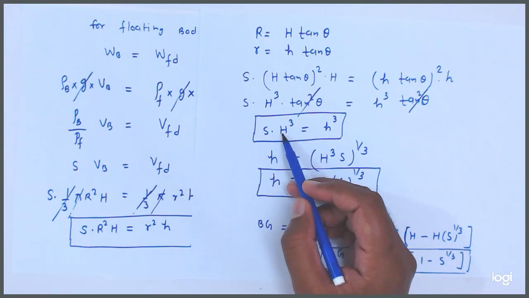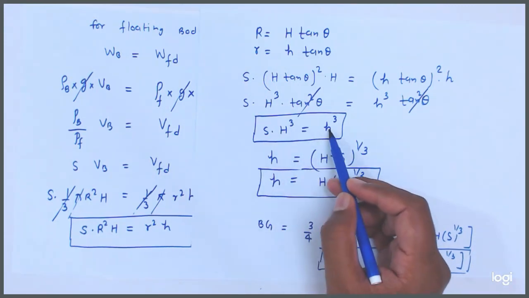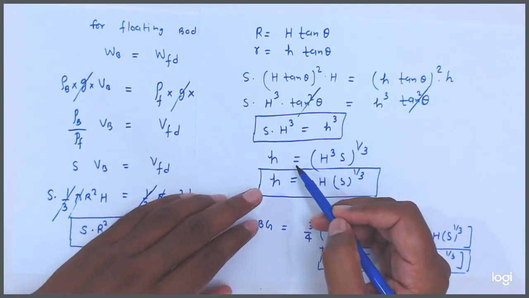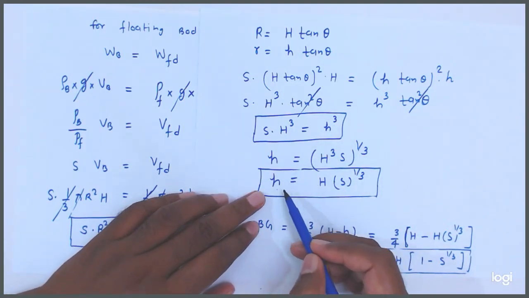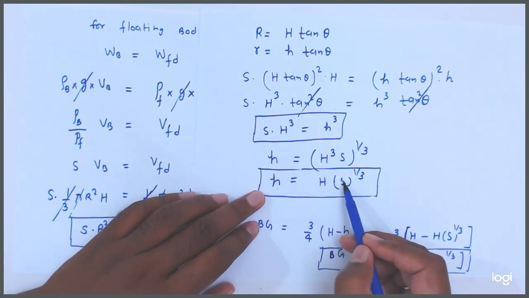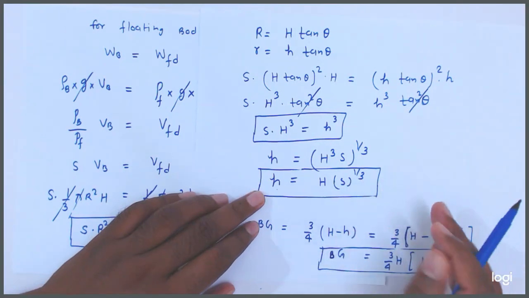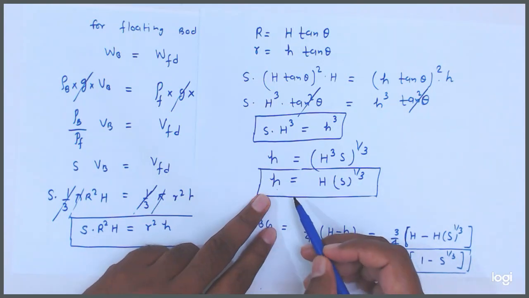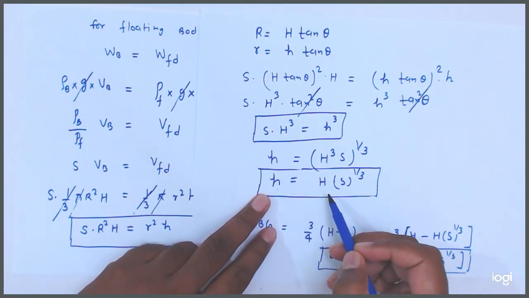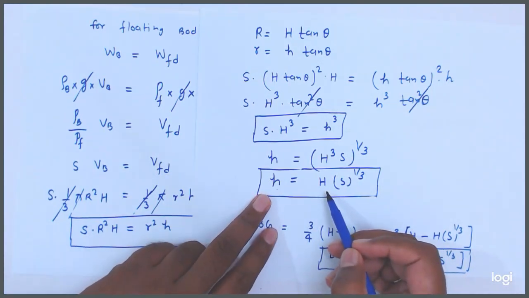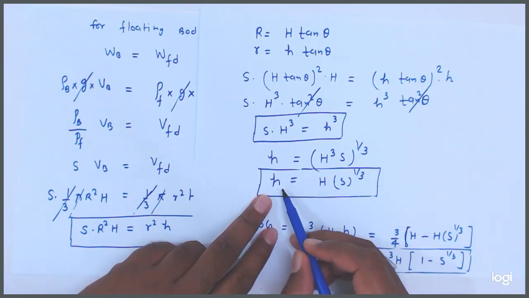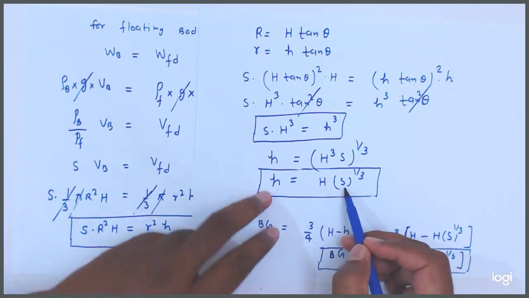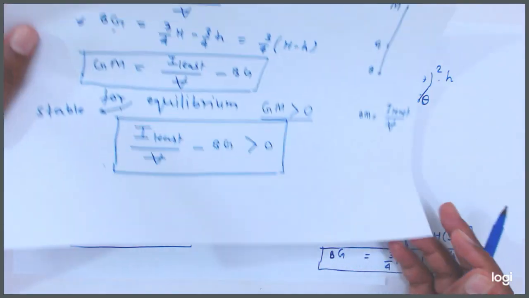S into capital H to the power 3 equals small h to the power 3. So from here we will get the value small h is equal to capital H into S to the power 1 by 3. So one relation we are getting here, friends. Small h is equal to capital H into S to the power 1 by 3.